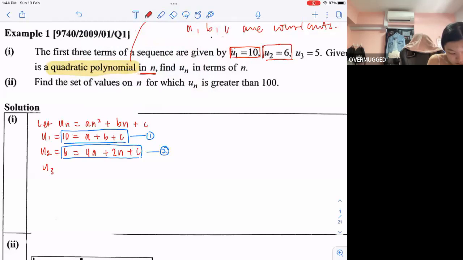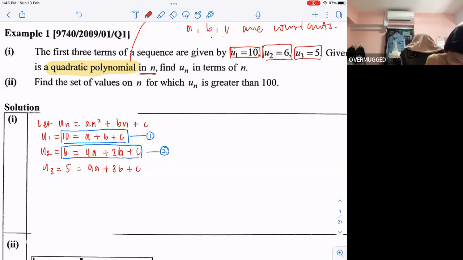And then finally, my last one is my u3, the last clue they give me. u3 is 5, which if I plug in n equals 3, I will get 9a plus 3b plus c.